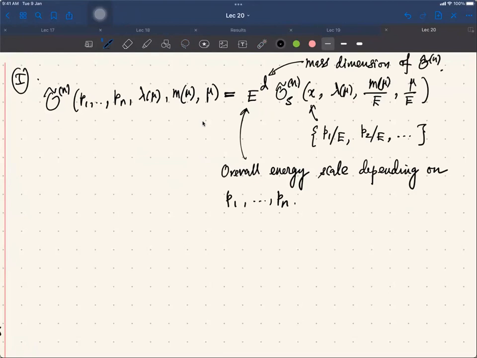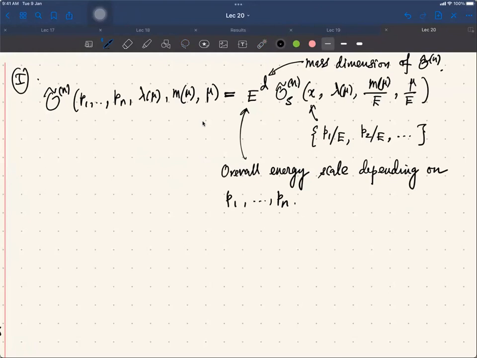So if D is the mass dimension of the quantity, then you can always write it as E to the power D, with E identified as an overall energy scale of the process, and then O tilde will be something that is dimensionless, and therefore the arguments appearing in that function are also dimensionless.